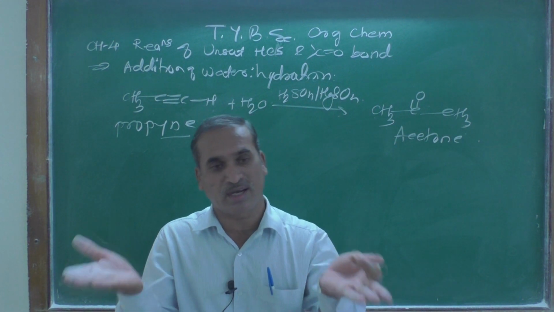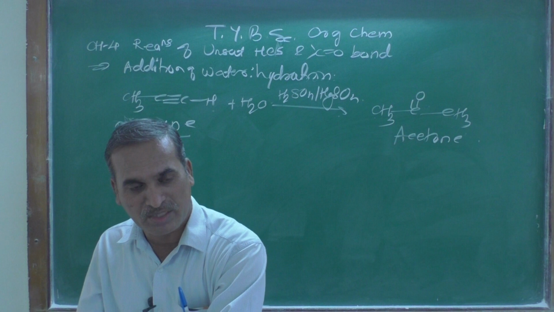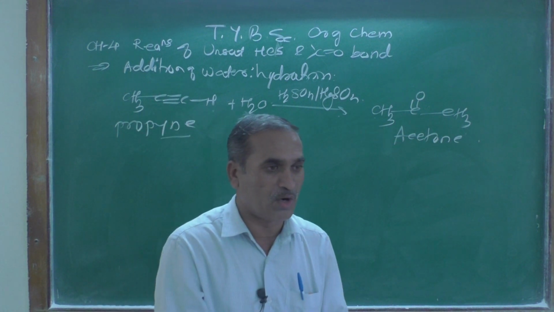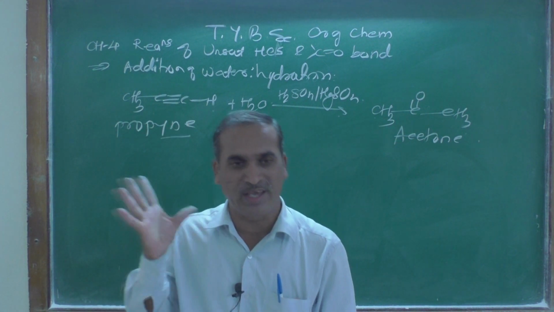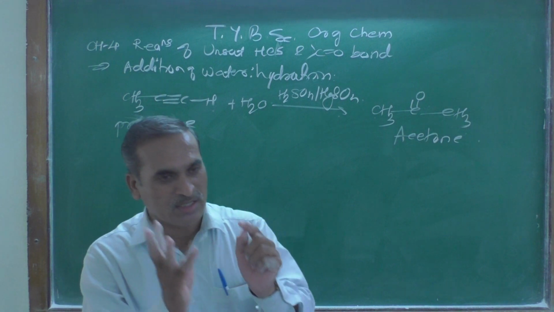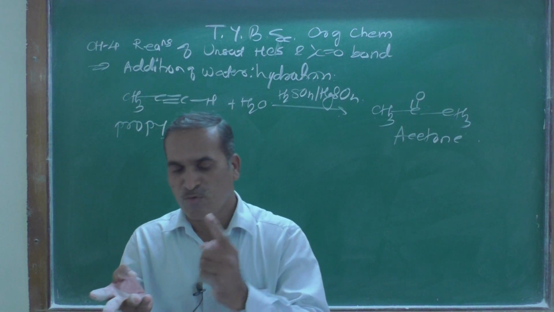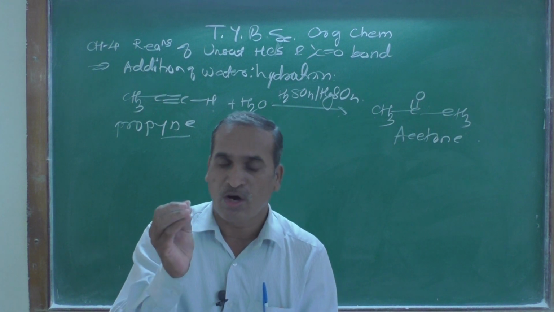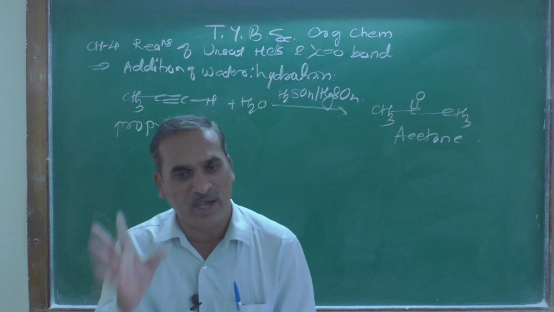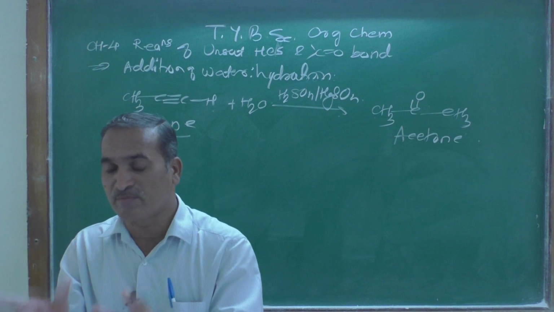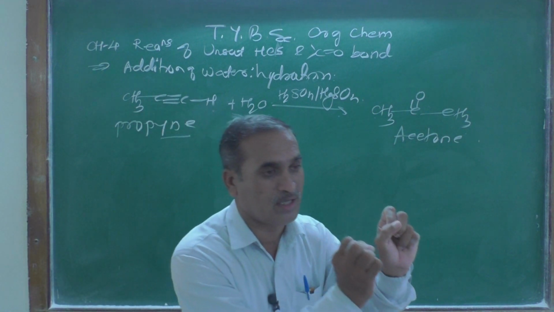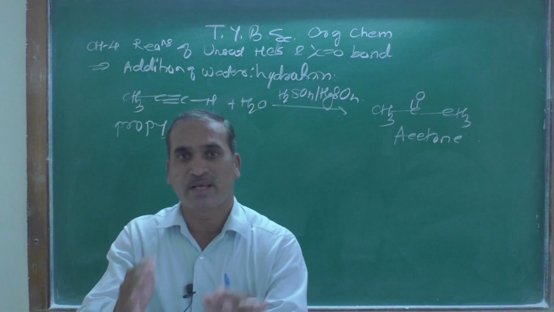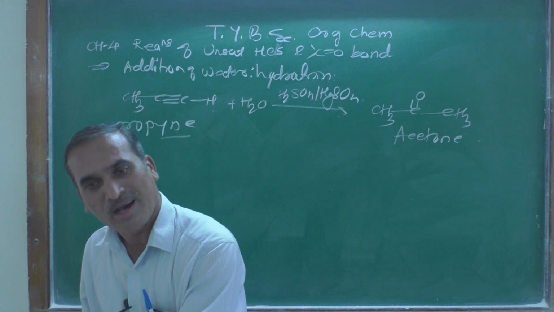As we know, an aromatic compound fulfills the following criteria: it is cyclic in nature, fully conjugated, planar, and follows the 4n plus 2 pi electron rule. That type of compound is called an aromatic compound, and the rest are aliphatic compounds.